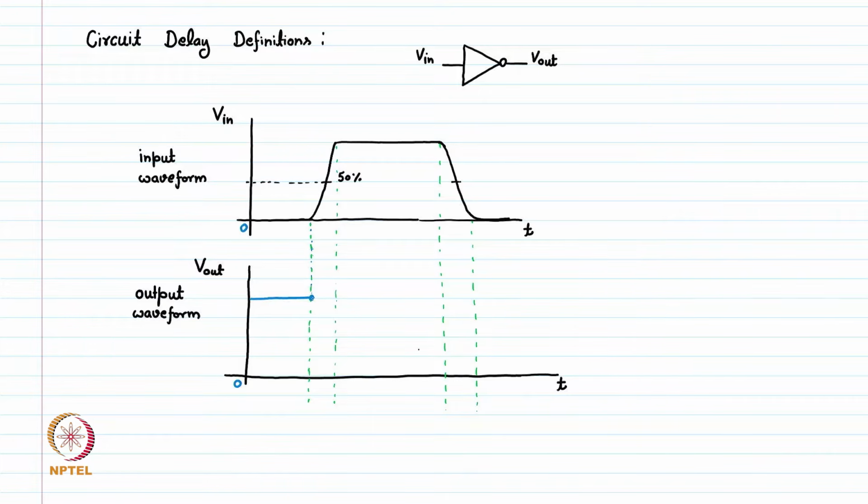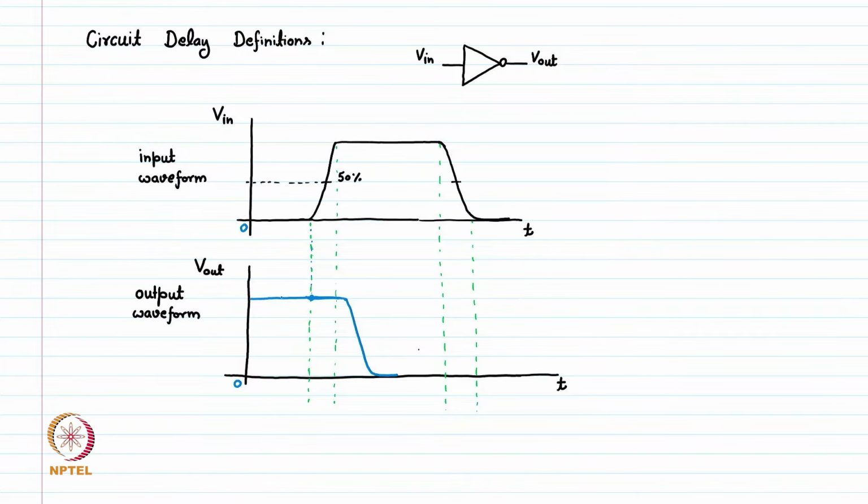So the output does not change immediately. It responds to this input after a certain time. Let's say this is the point at which the output is changing its state from high to low, because the input is going from low to high.